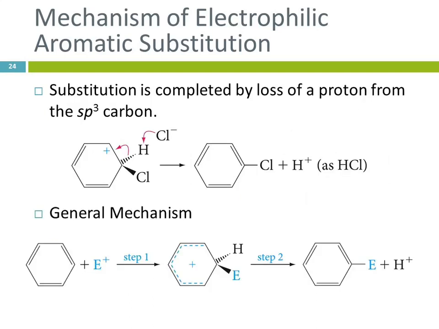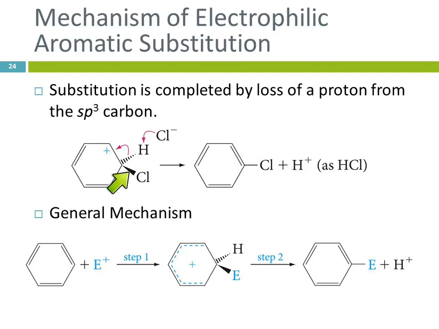Then the substitution is completed by losing this proton, this hydrogen ion. So there's a chlorine around, and it shares 2 electrons with the hydrogen and pulls it away as HCl. And then the 2 electrons from this carbon-hydrogen bond return to the benzene ring.